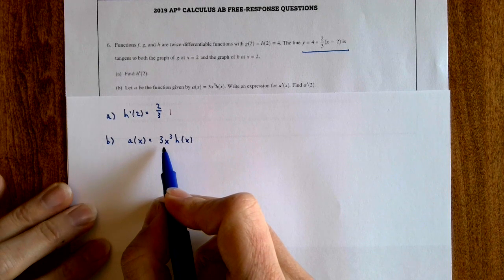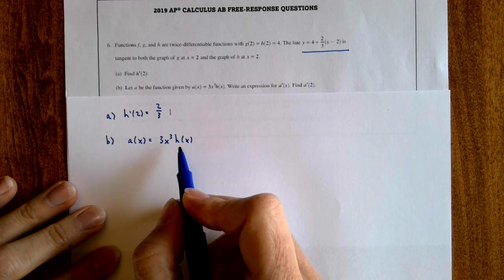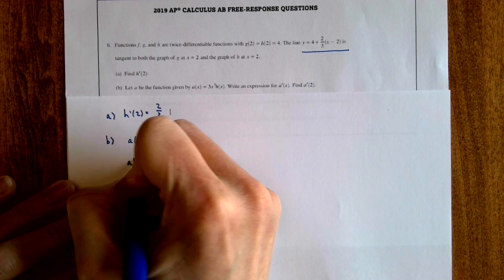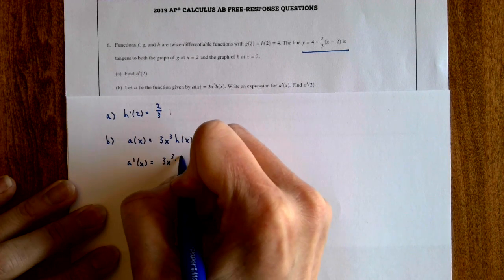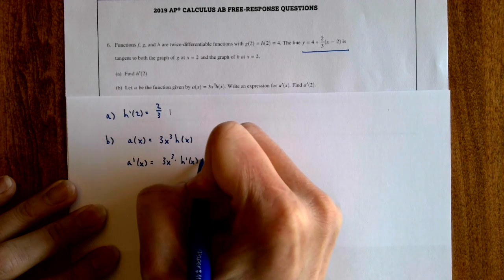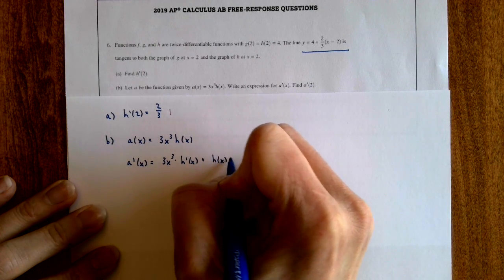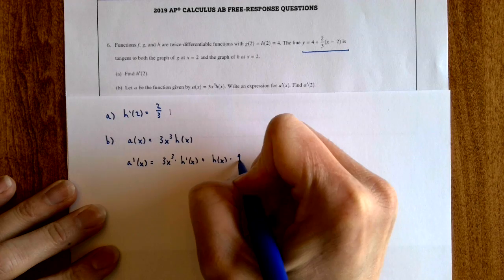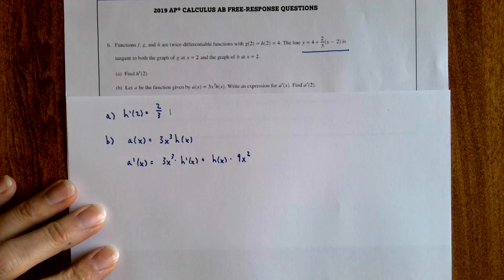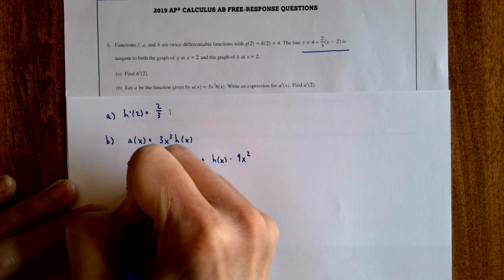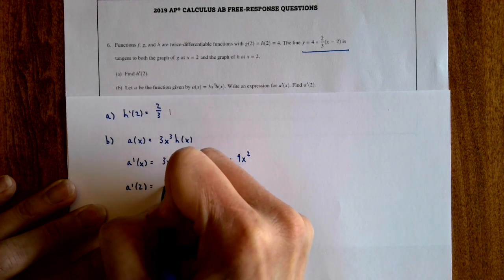I've got two functions, 3x cubed and h of x. So A prime of x is 3x cubed times h prime of x plus h of x times the derivative of 3x cubed, which is 9x squared. Then to evaluate A prime of 2, I'm going to substitute 2 for x.